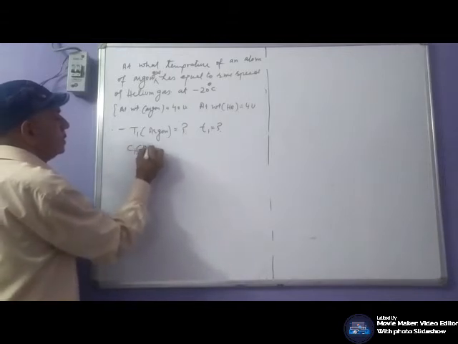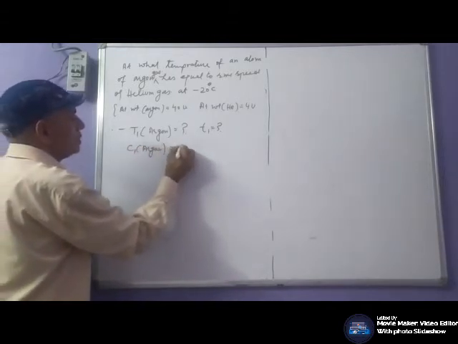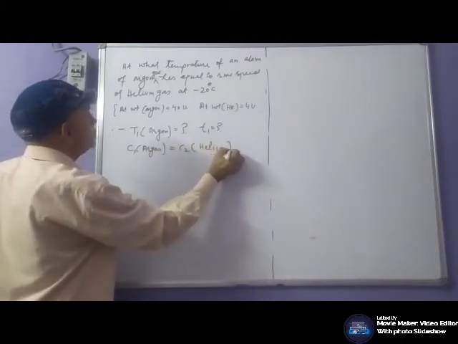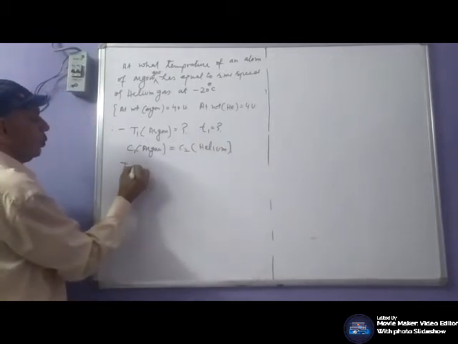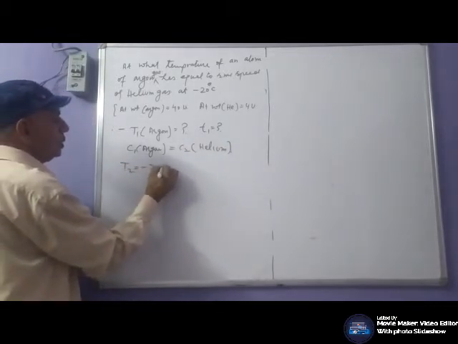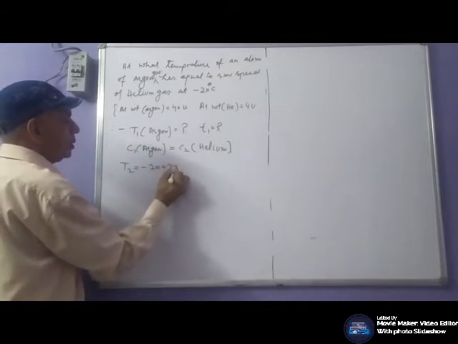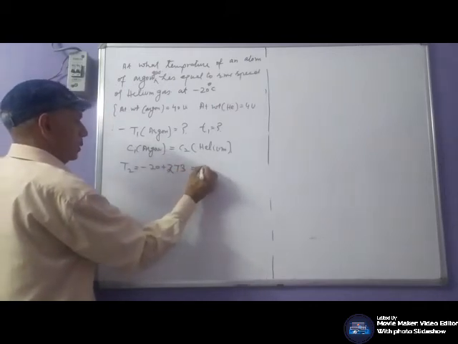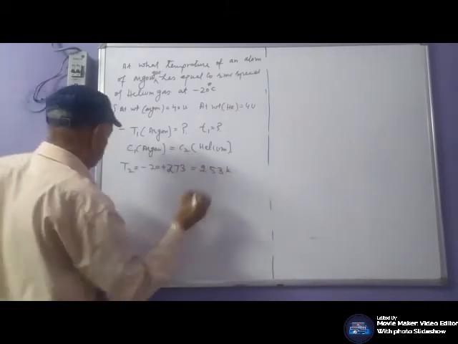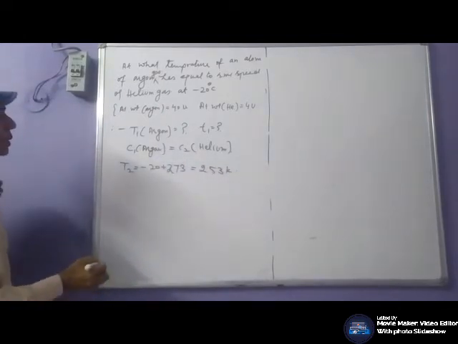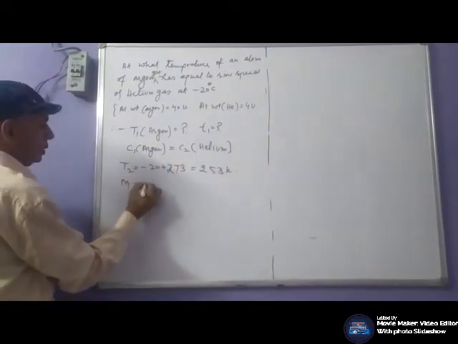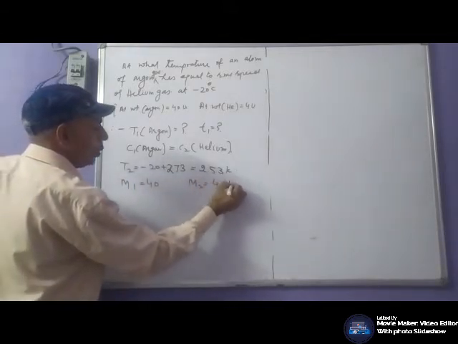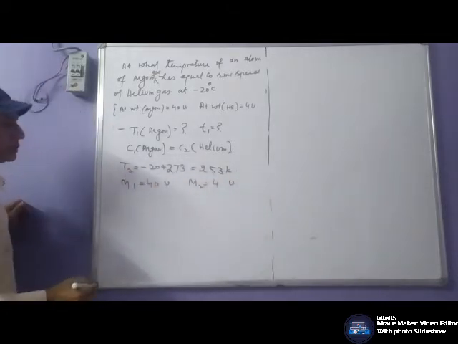C1, C2. It is given T2 is minus 20 plus 273, 253 Kelvin. M1 is 40, M2 is 4 units.